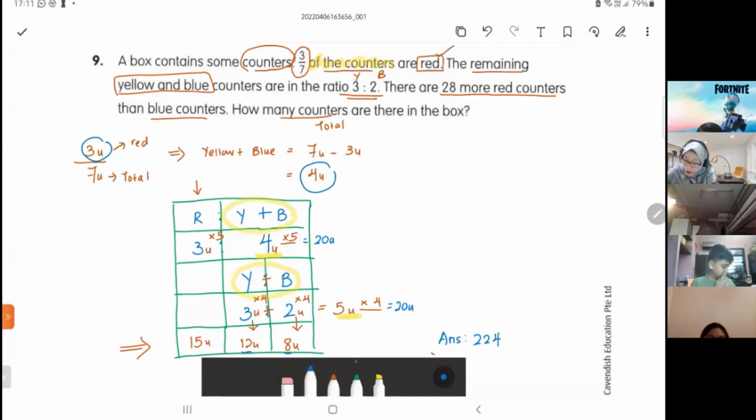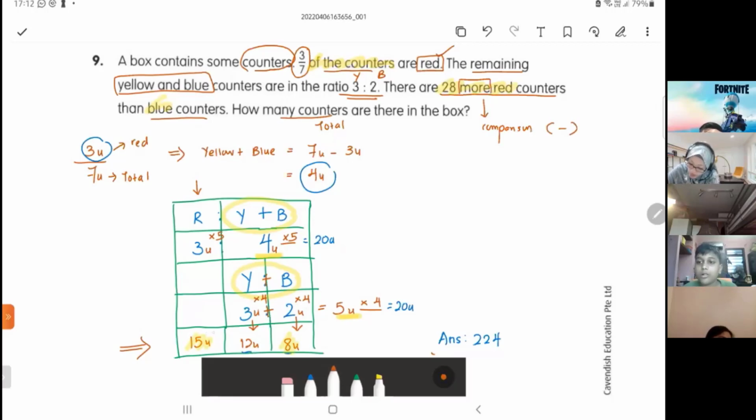Now, do we know that we are given a comparison? There are 28 more red than blue. Let's look at red versus blue. When I have the word more, this is a comparison. Comparison means I'm going to subtract, right?